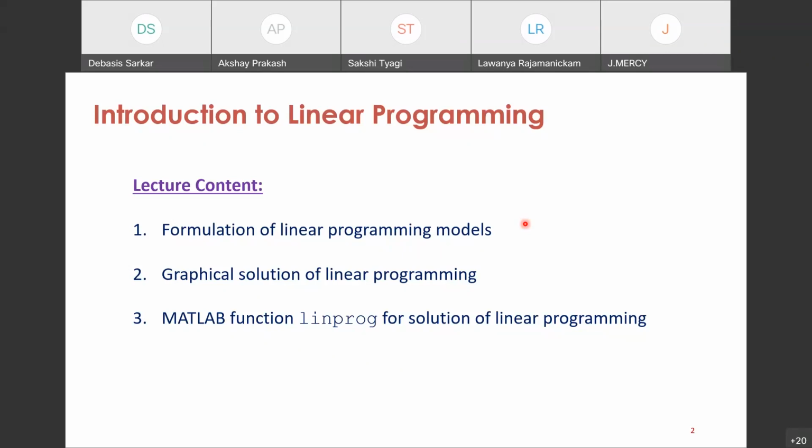For multi-dimensional problems, we will use algebraic methods. One of those is known as the simplex method.